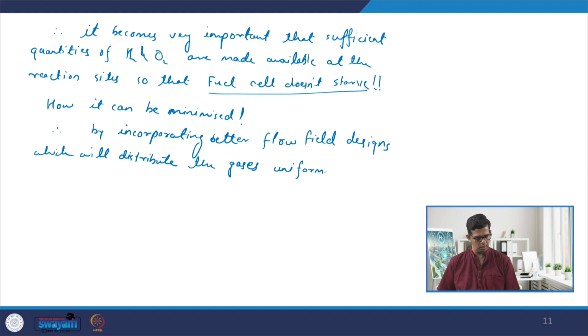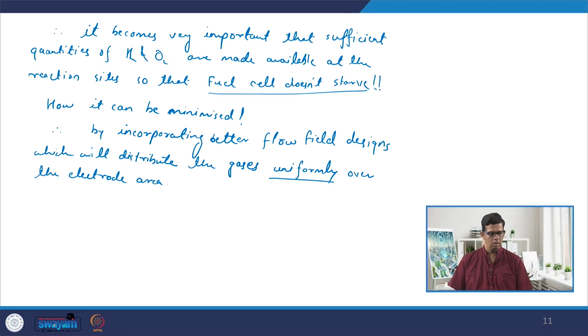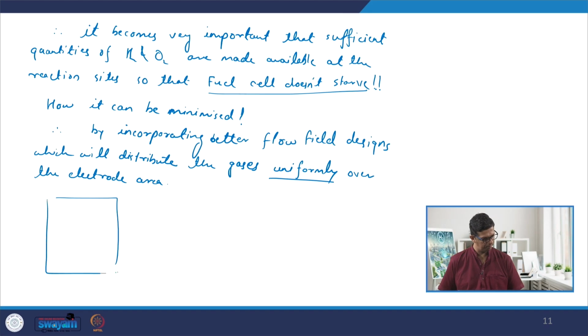This is important, uniformly over the electrode area. So, what it basically means is, let us say we have this electrode, this is the area.